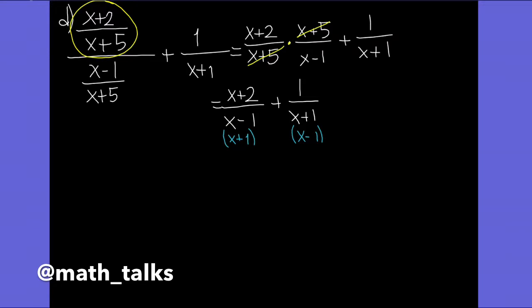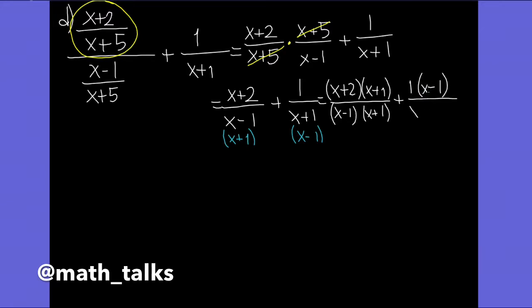That means you have to multiply x plus 2 also by x plus 1, and then your denominator will be (x minus 1)(x plus 1), plus 1 multiplied by x minus 1 over (x plus 1)(x minus 1).